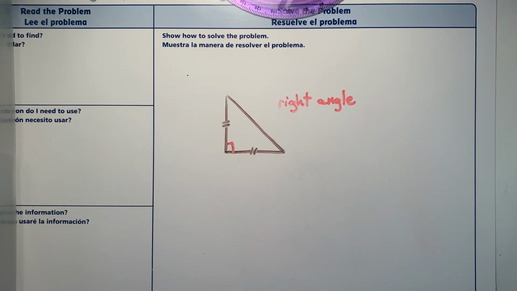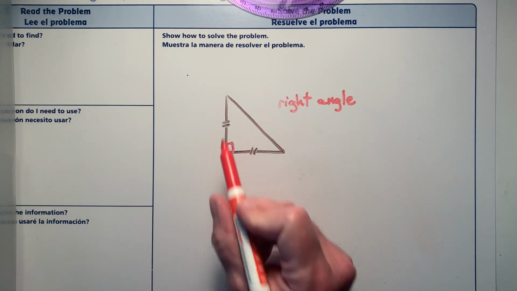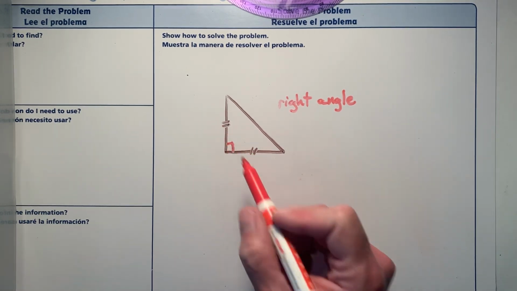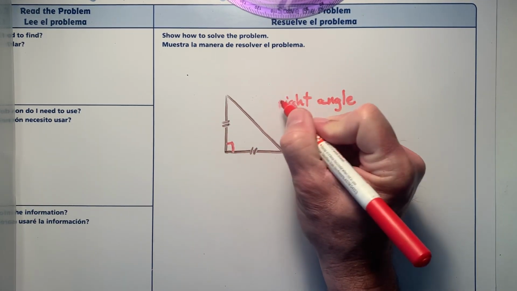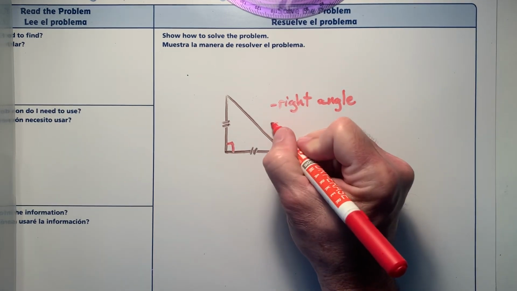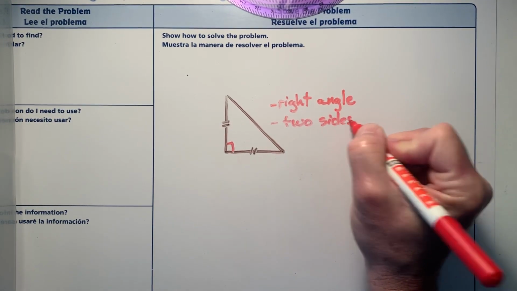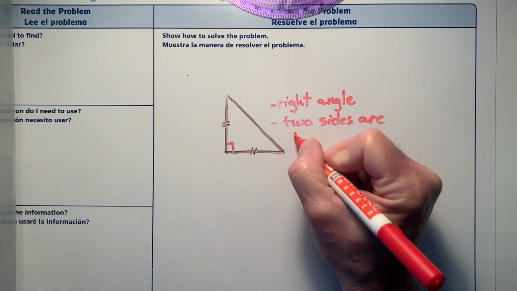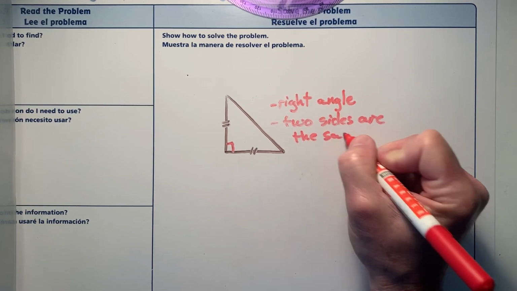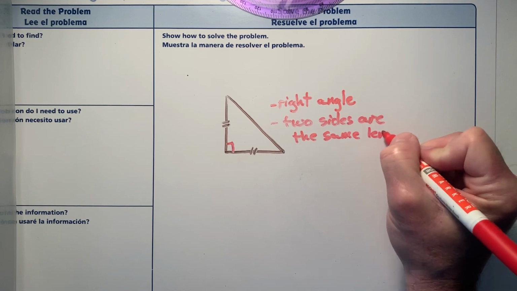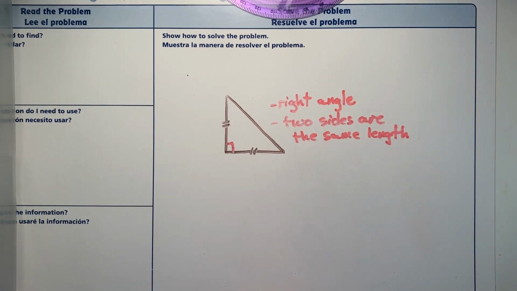I used the geometry marks to show you that 2 sides are the same length. So one is this is a right angle, and the other is two sides are the same length. Two definite identifying marks in a triangle.